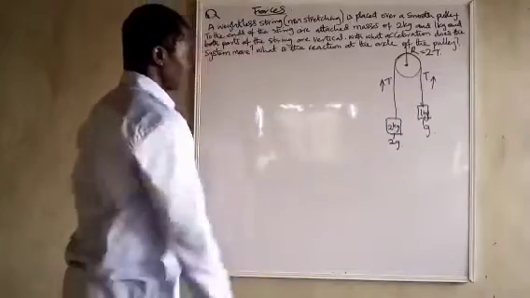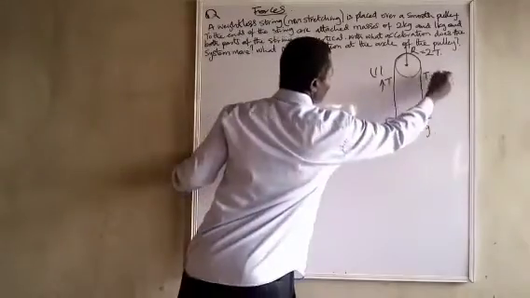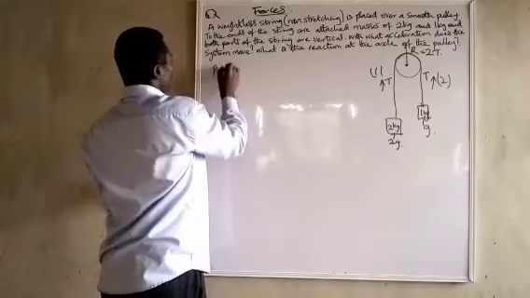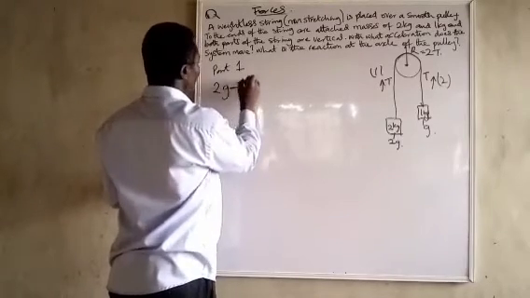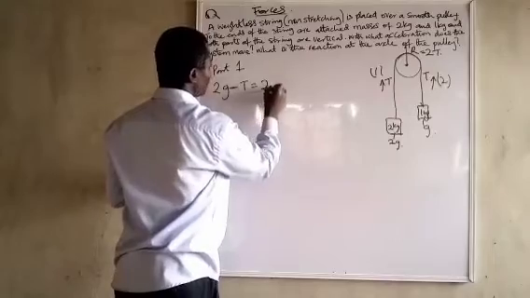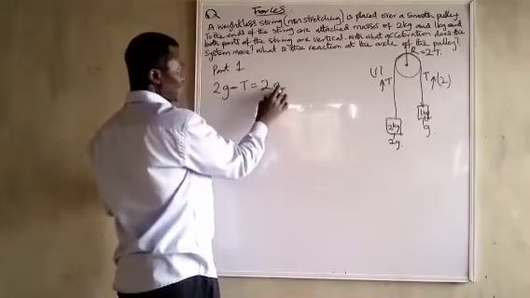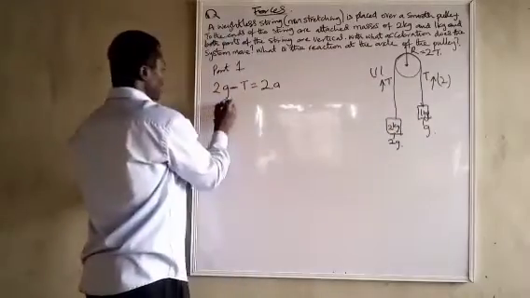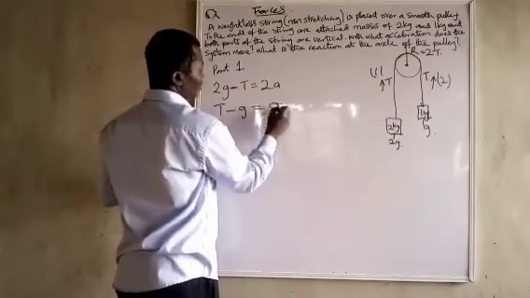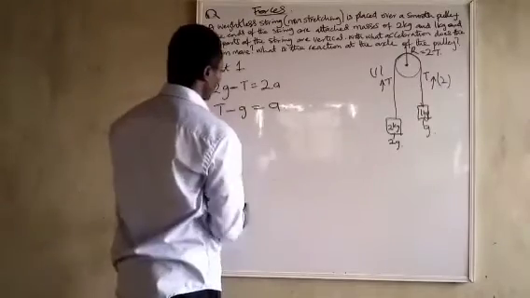Now, let's work it out. The force on this part: 2g minus T will give us 2a, where 2 is the mass and a is the acceleration of the body here. Now, since T is the one moving this one up, T minus g is equal to a. Now, we can eliminate T by adding these two equations.